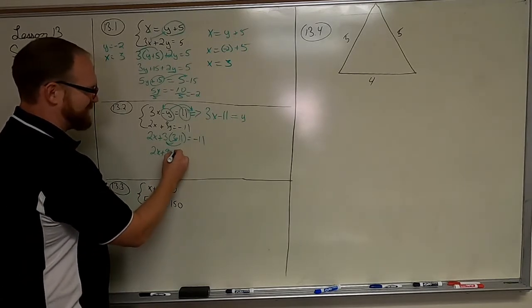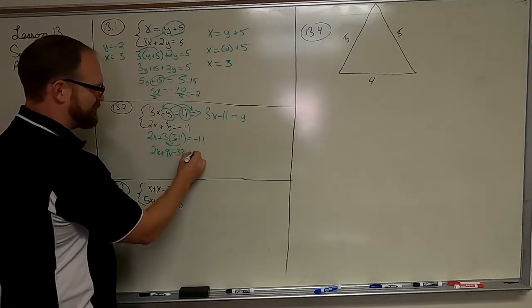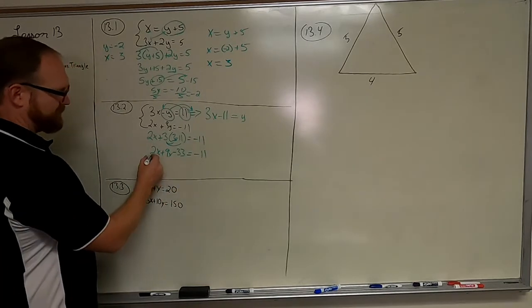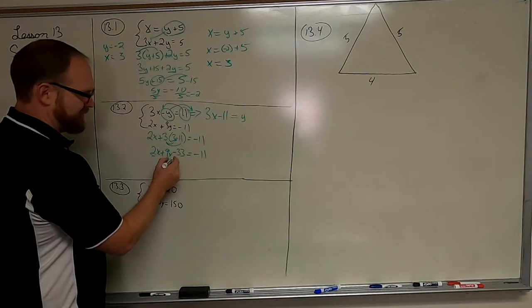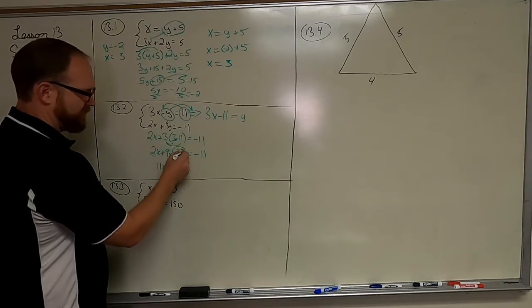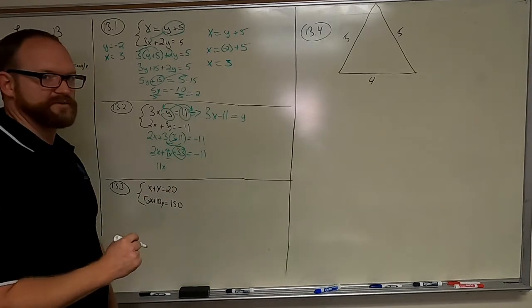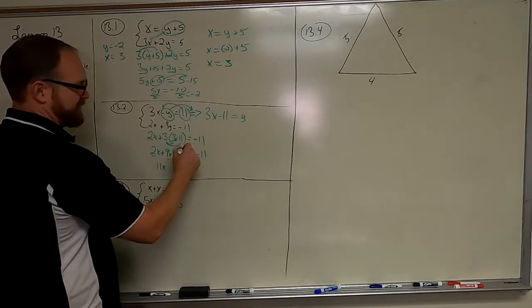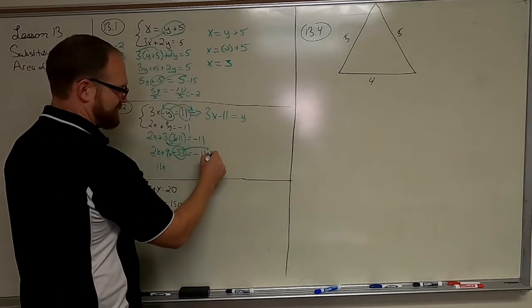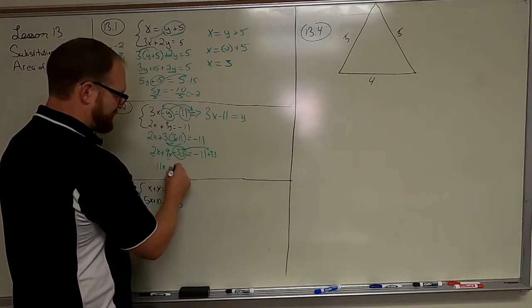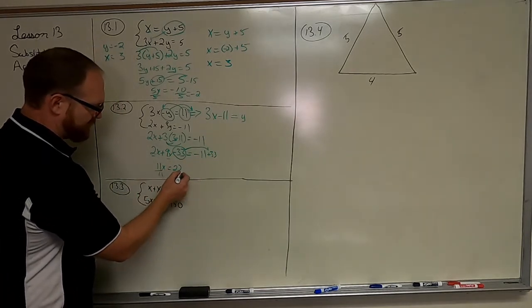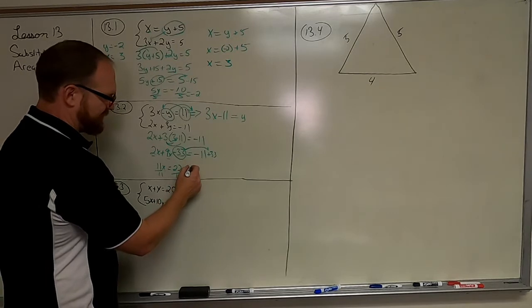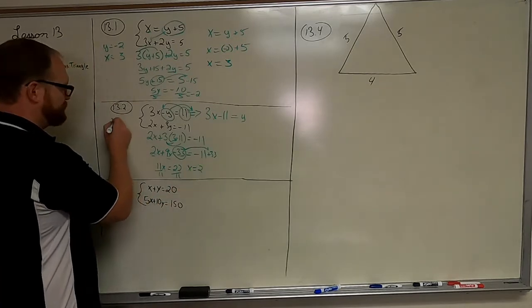Plus 9x minus 33 equals negative 11. Combine my like terms. 2 plus 9 is 11x. I have this negative 33. What do I do? Do you remember what our saying is? Change sides, change signs. So 11x equals 22. Divide by 11 on both sides, and I'll find out that x equals 2.